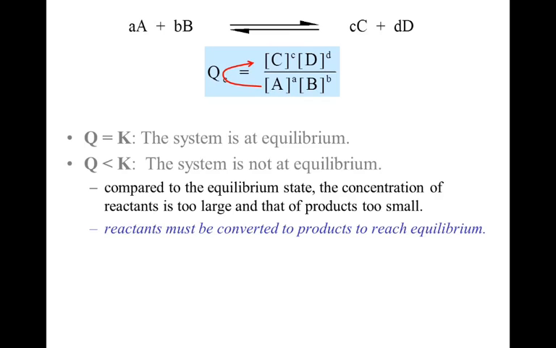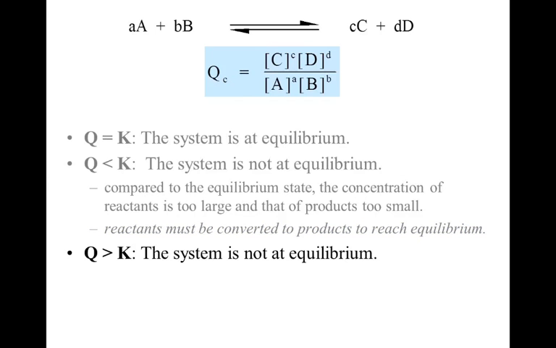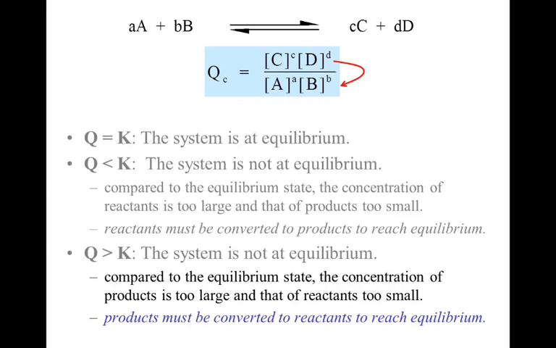So we have equal, less than, and the last inequality would be greater than. If your Qc, your reaction quotient, is too big, that means we have too many products. So it's going to have to convert some of those products back into reactants.